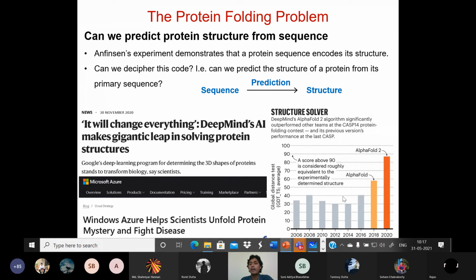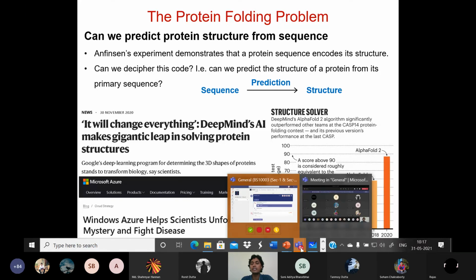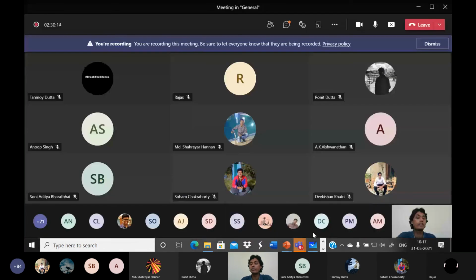And there is some kind of competition that happens every year, and this is DeepMind's AlphaFold 2. I will not ask you any question from here, but if you get interested, you can search a little bit later and read about it. This is mostly a deep learning program, those kinds of computational things which I am unaware of, but if you are interested, you can go through it.